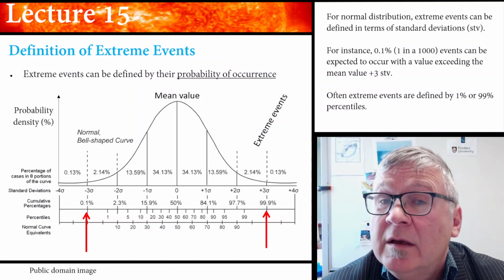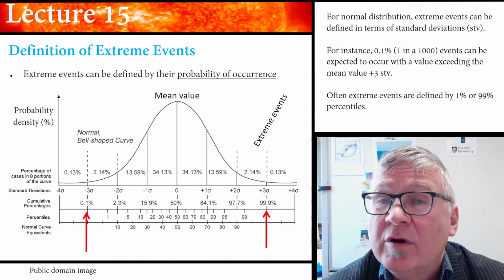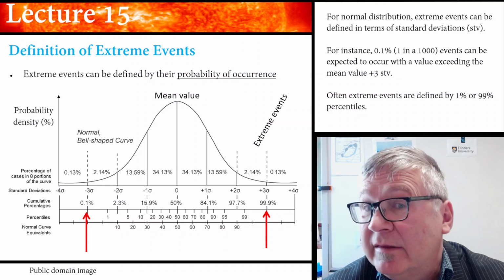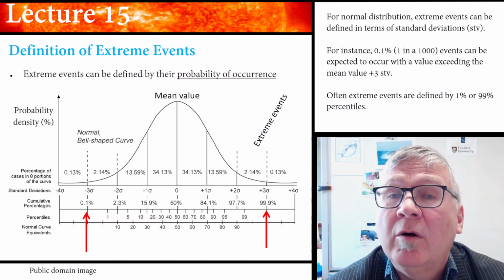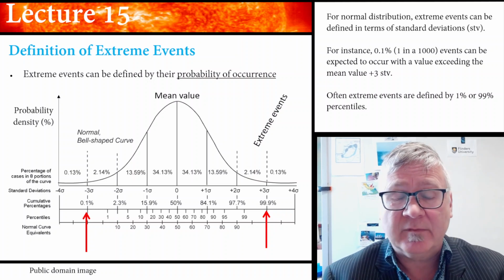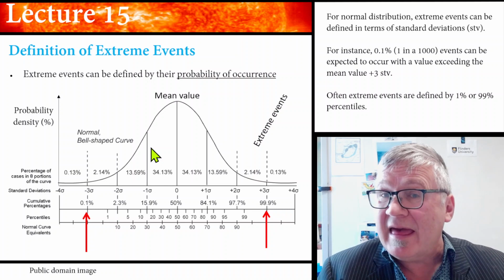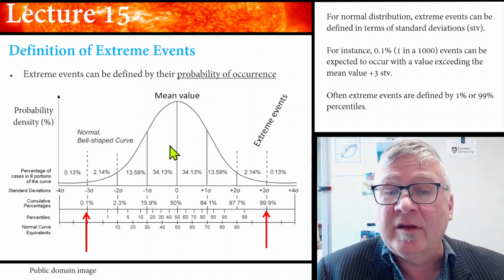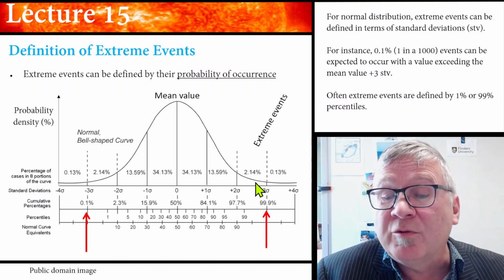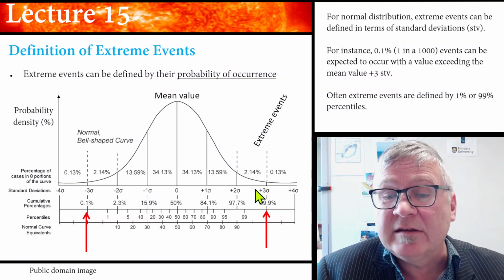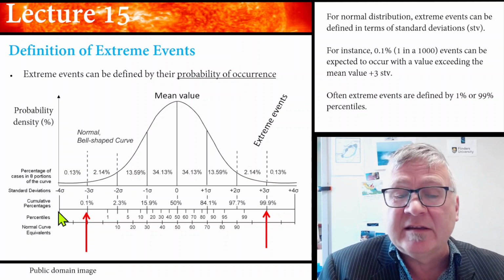So higher temperatures outside this range, either warmer or colder, occur less often. Let's have a look at the extreme ends of this distribution. If you look at 3 sigma, 3 standard deviations, let's look at the cumulative percentage and what that means.